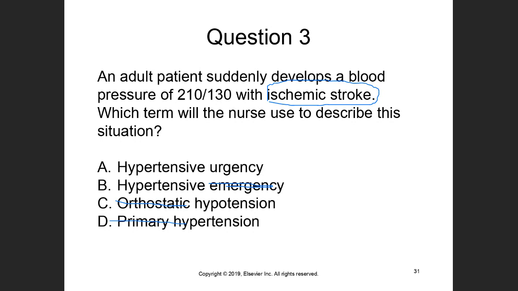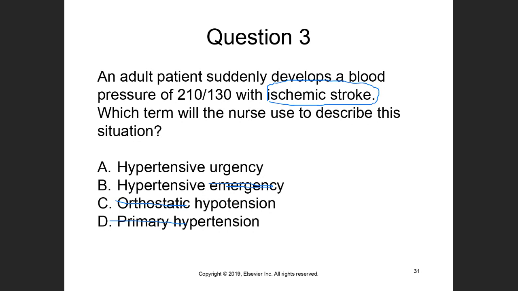So end organ damage is if the patient has a myocardial infarction, if the patient has an ischemic stroke, if the patient has a renal problem, or if the patient has a headache, which is the most common sign and symptom. If the patient has a headache, that's an emergency, because most probably they have increased intracranial pressure.